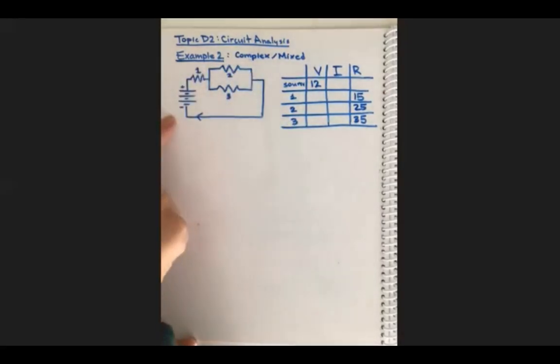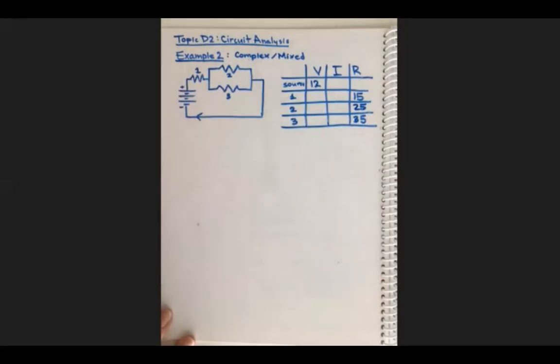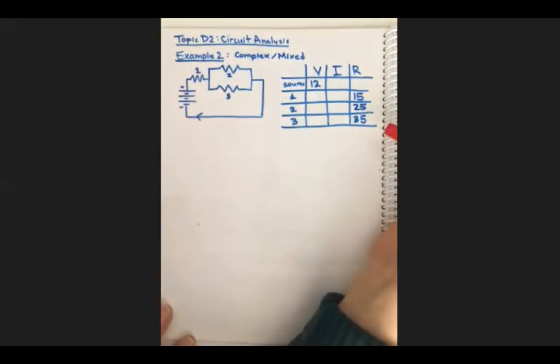I've labeled my positive and negative terminals and conventional current. I've drawn a VIR table which organizes the V, I, and R for each component in the circuit.